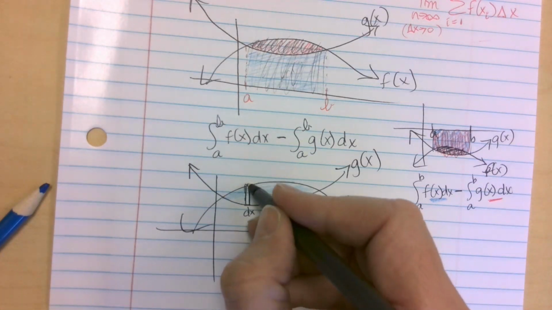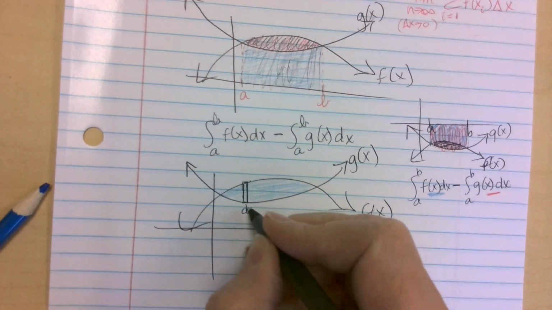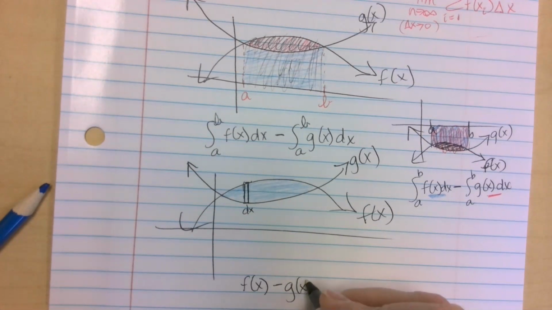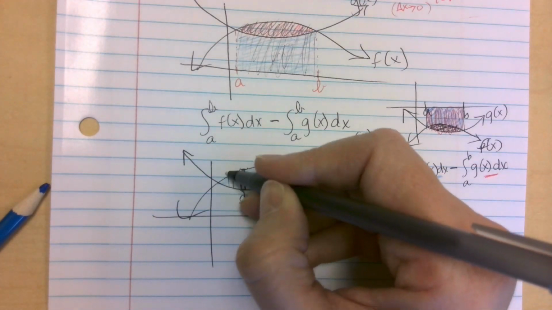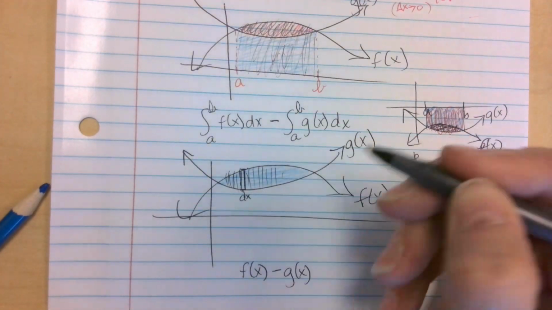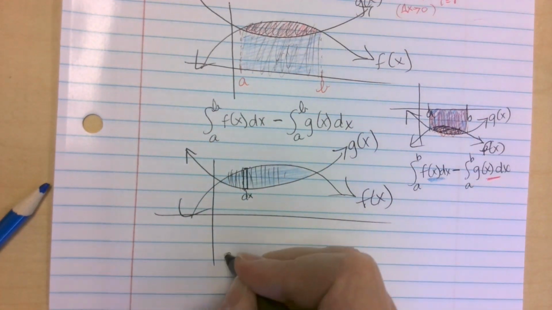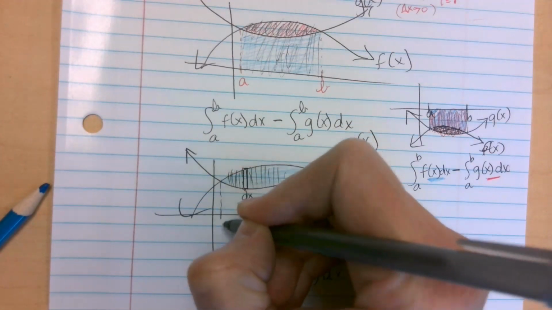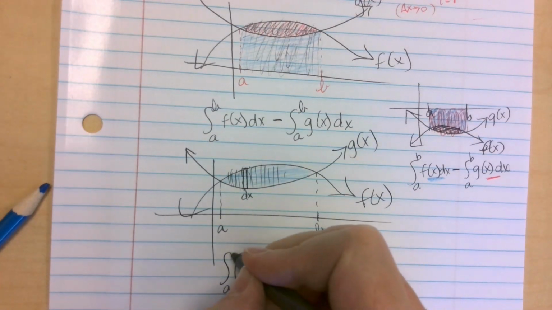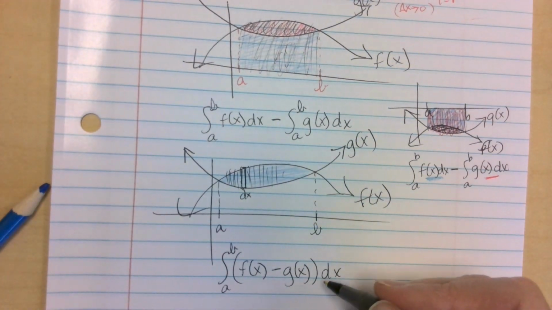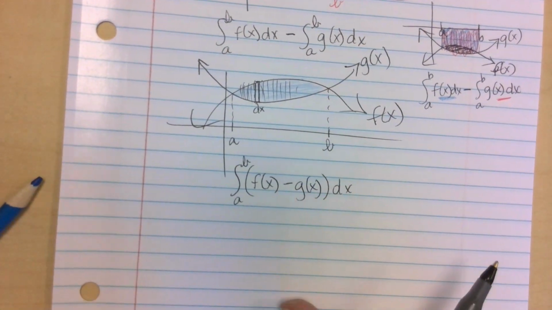And the height of each of those would be the top value minus the bottom value at that particular x value. But again, if we take an infinite number of those little rectangles, sum them all up, we are actually taking an integral, and of course we would need those x values going from a to b. And this would be the quicker way and nicer way to set up that value.